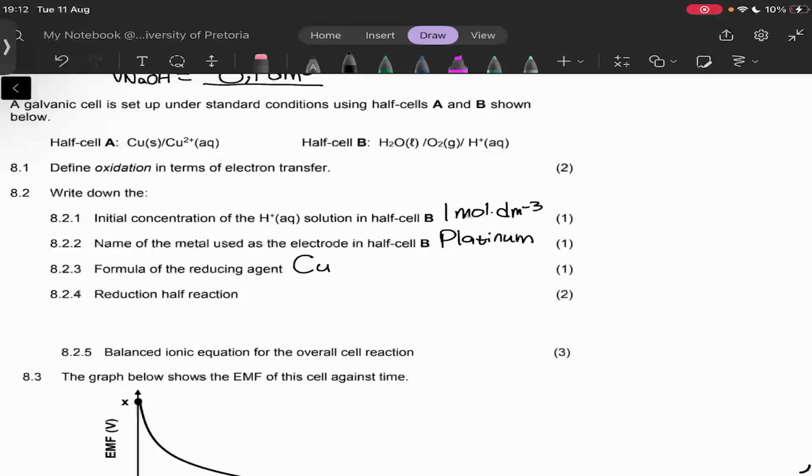And now let's write down the reduction half reaction. Remember, guys, the reducing agent does not undergo reduction. The reducing agent undergoes oxidation. So now what is the reduction half reaction going to be? I hope you have your table 4B present. What is the reduction half reaction?